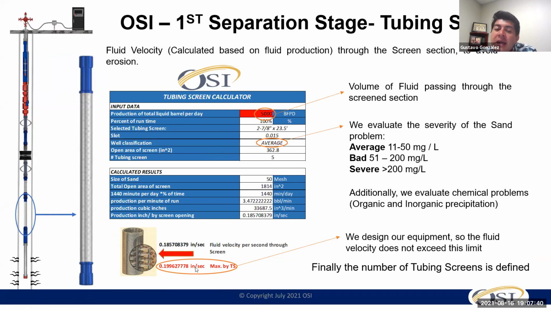Based on that, there is a design handbook that recommends not to exceed a certain value, based on the slot size, the opening on the screen and the tubing size. You get different numbers, but in this case, you cannot exceed 0.18 inches per second.